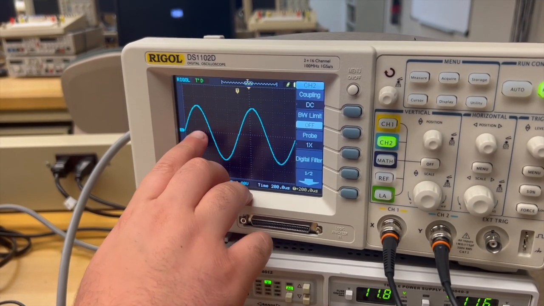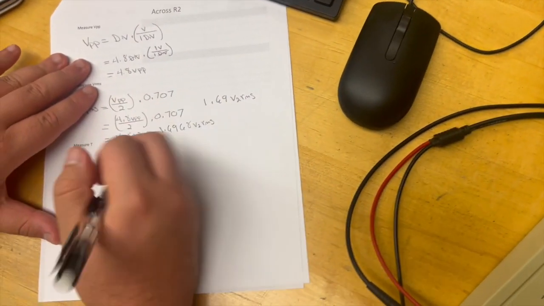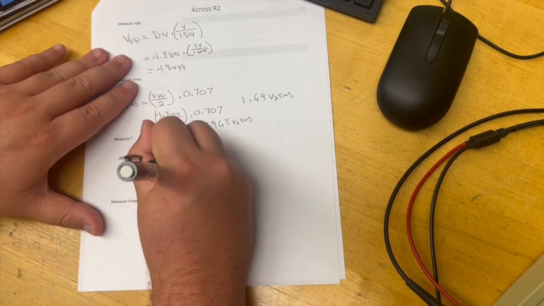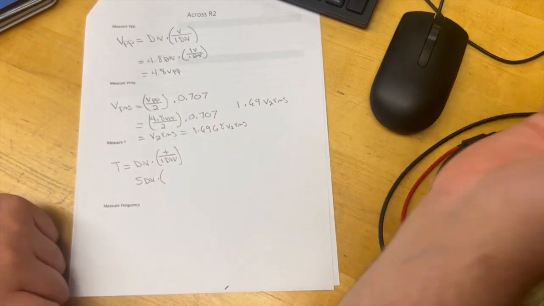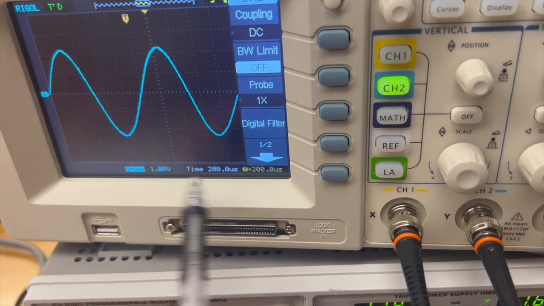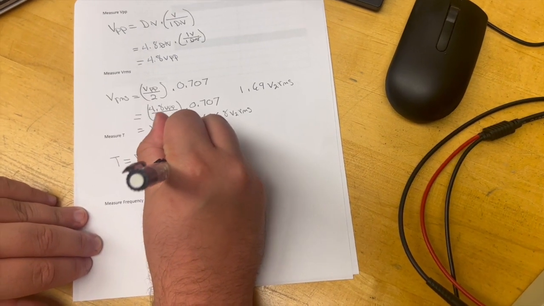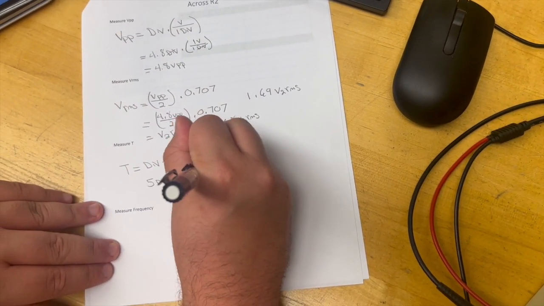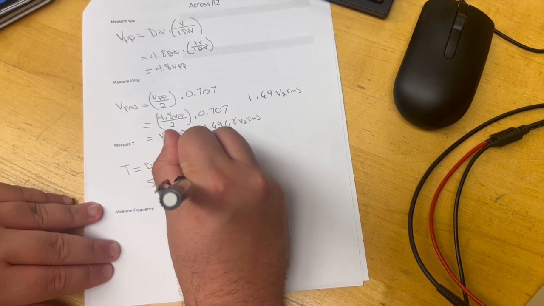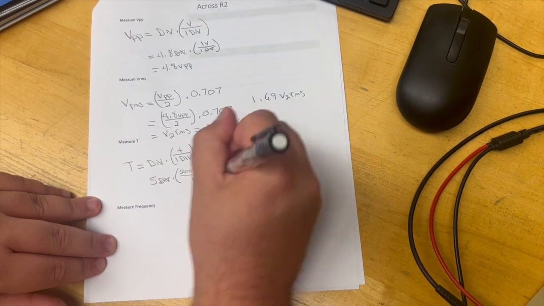So we're gonna go 1, 2, 3, 4, and 5. Right. So we're gonna have 5 divids that we counted times our scaling, which is 200 microseconds. And we're gonna write it out, 200 times 10 to the negative 6 seconds over 1 divid. So that cancels out our divid unit of measurement, right?